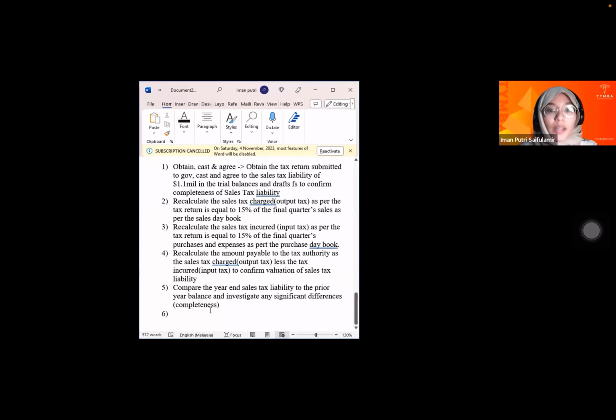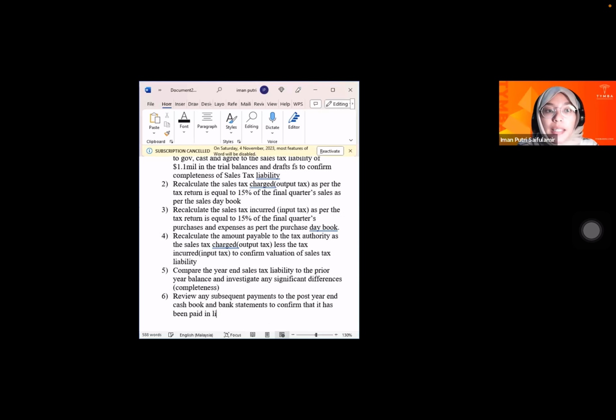Another thing is we can review the subsequent payments of the sales tax liability. Where can we check if there is a payment, guys? Whenever there is a cash payment, we will review and agree the subsequent payments to the post-year-end cash book and bank statements to confirm that it has been paid in line with the terms of the tax authority.